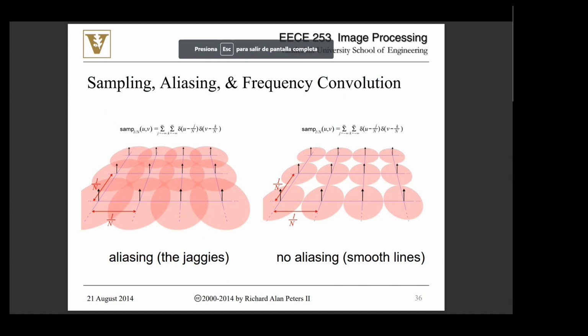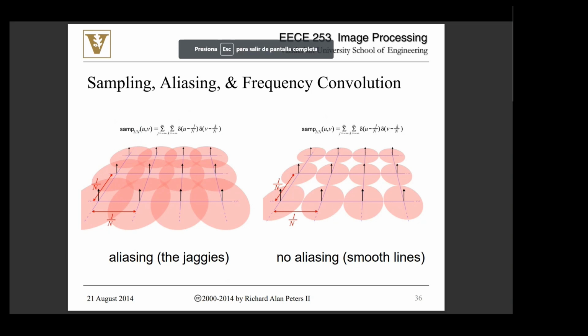And you have also this concept of aliasing. So if you have a sampling frequency that is not high enough, then you will have aliasing in your signal. And the same happens with images. So if the pixel size is not small enough, you will have aliasing, and then you will have overlapping spectra, like in this plot, while if the sampling rate is fine enough, then you wouldn't have aliasing.